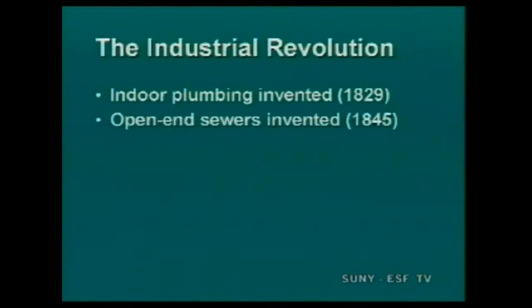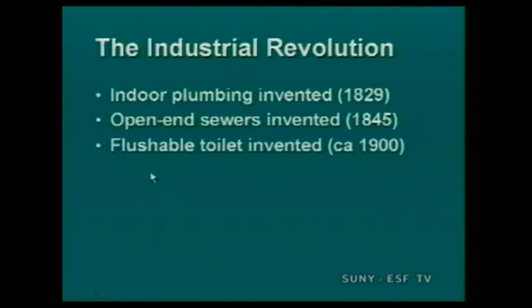Also, think of open-ended sewers, straight from the toilet into your waterway, causing large problems, nutrient loads that cause algae growth. The flushable toilet was invented around 1900, and there was a population explosion. As quality of life improved, population grew and there was more stress on the environment.